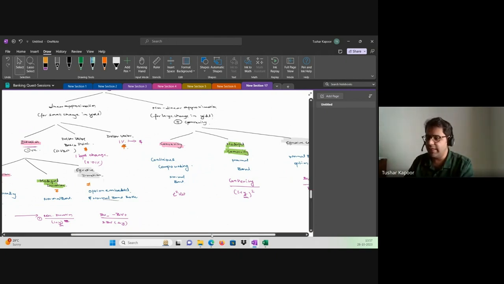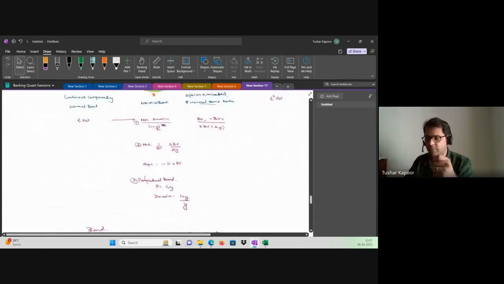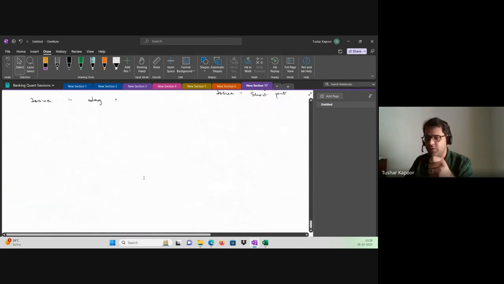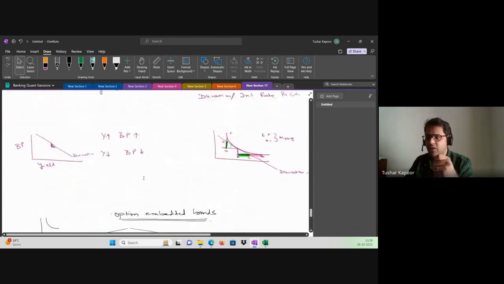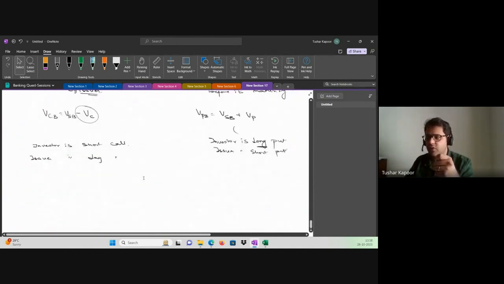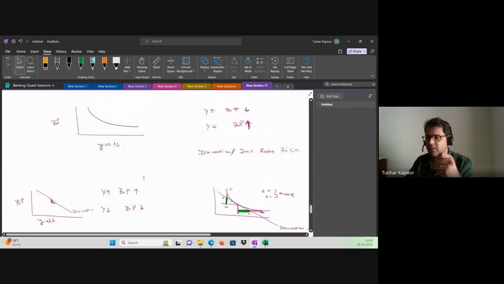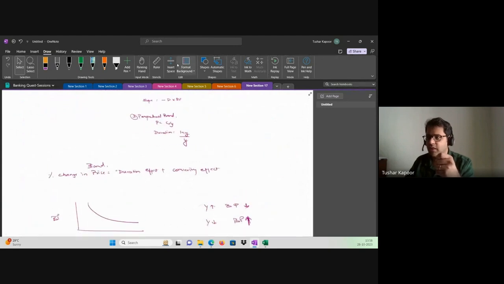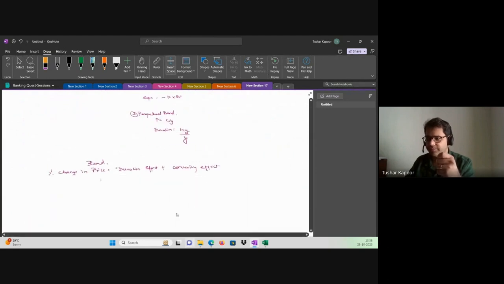Now we come to how we calculate all these things that we mentioned. But before we come to the calculation part, let's understand what the real formula looks like for the duration effect and convexity effect.